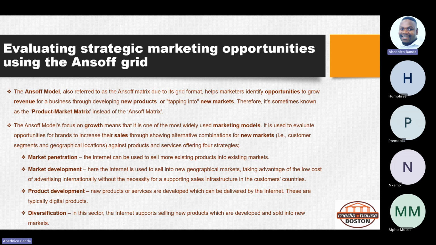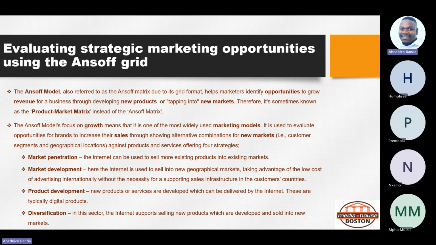So, evaluating strategic marketing opportunities using the Ansoff grid. The Ansoff model, also referred to as the Ansoff matrix due to its grid format, helps marketers identify opportunities to grow revenue. So the goal of the Ansoff grid is to grow revenue for a business through developing new products or tapping into new markets. Therefore, it's sometimes known as the product market matrix instead of the Ansoff matrix.